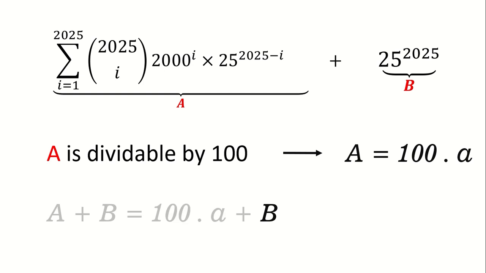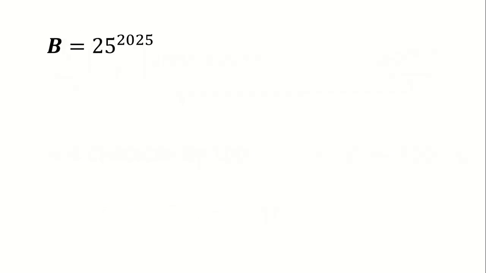So here we can calculate B, which is 25 to the power of 2025.